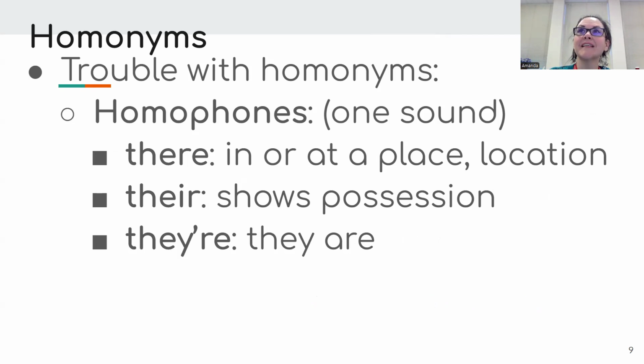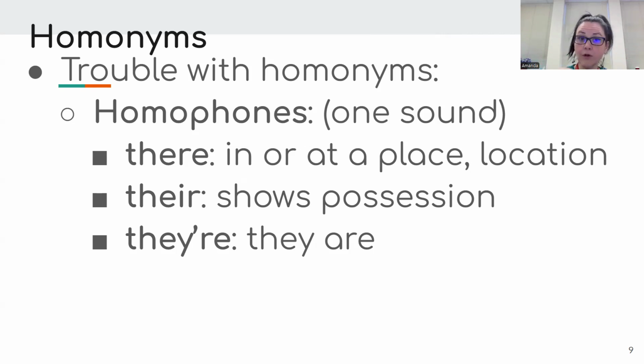The other one that gets native speakers or English language learners in trouble is there, their, they're. The first one is in or at a place or location. I put my phone over there. It's a location, right? The second one is possession. That is their car. I am going to their house.